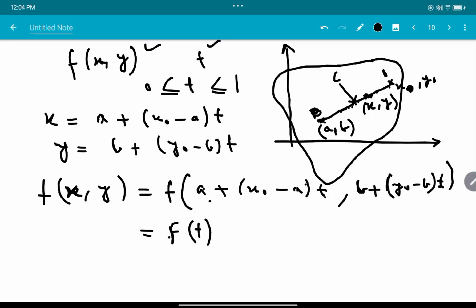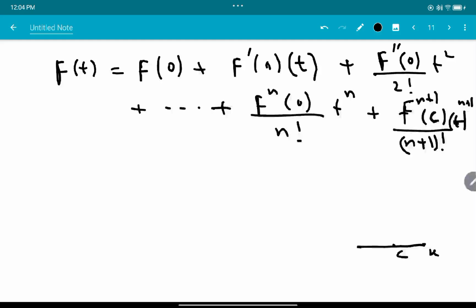Let's denote those coordinates by alpha and beta. So I can write alpha and beta here, the coordinates of that point, not midpoint, that is somewhere where this remainder is evaluated.